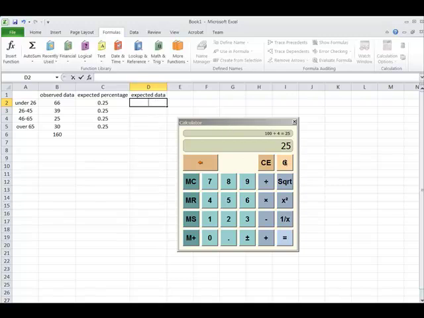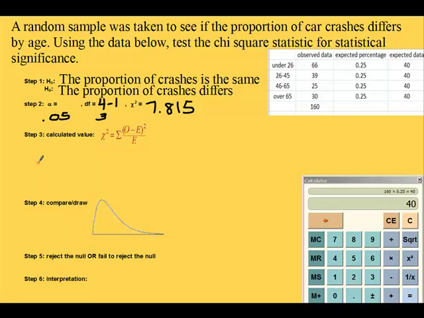So I will take my 160 people for my total times 25%, and I'm going to get 40. Since they're considered equal by the null, they would all be 40. Those numbers will be important for my calculation.